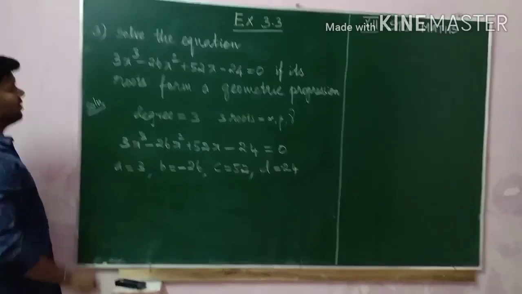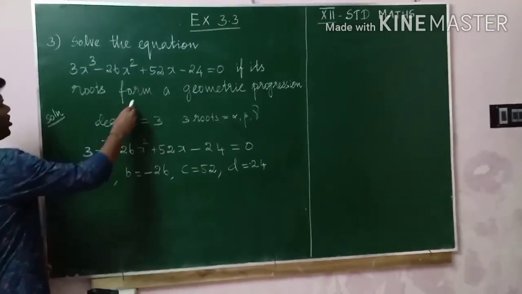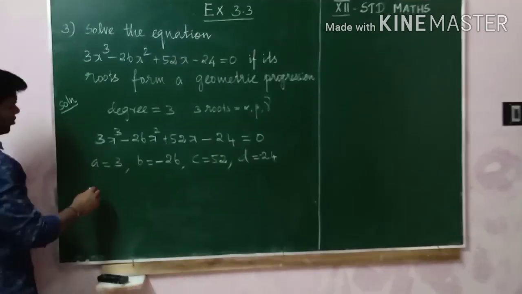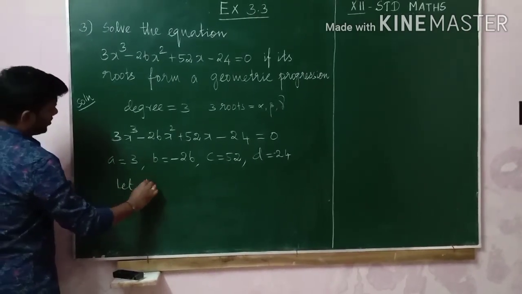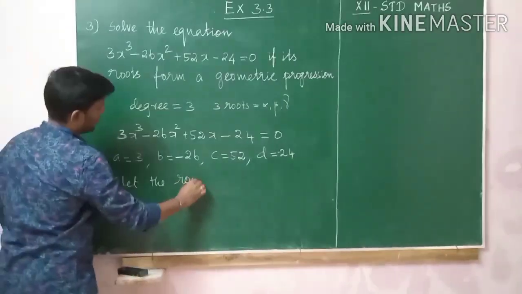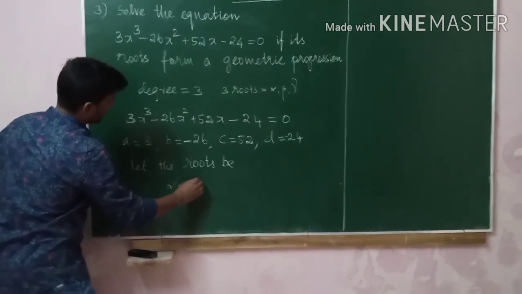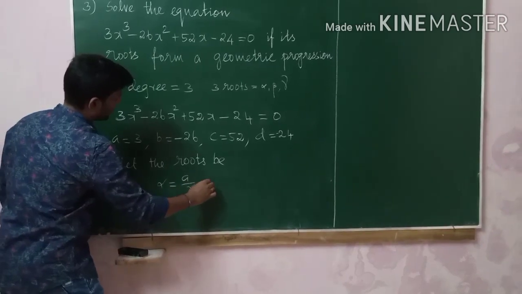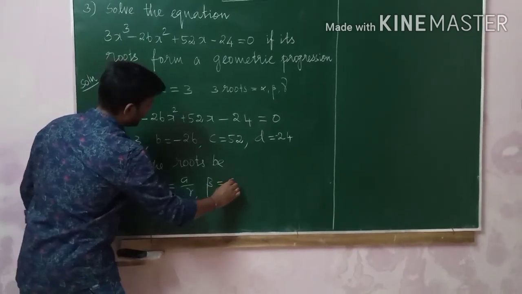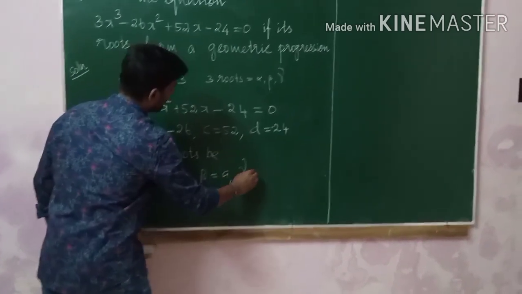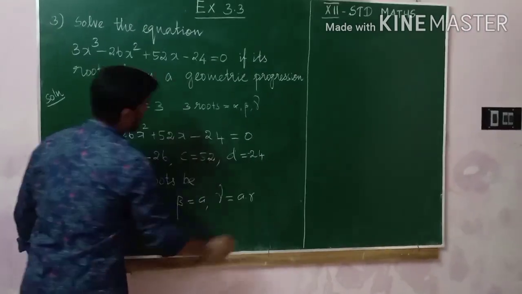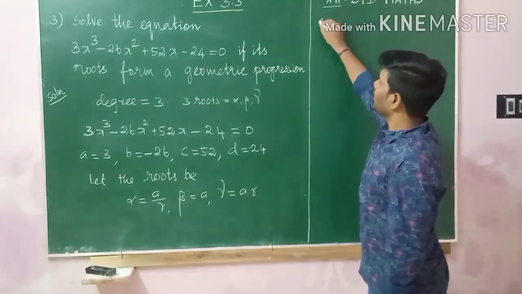Here the given 3 roots form a geometric progression. So what are the roots? Let the roots be alpha equal to A by R, beta equal to A, and gamma equal to A into R. So what is S3?